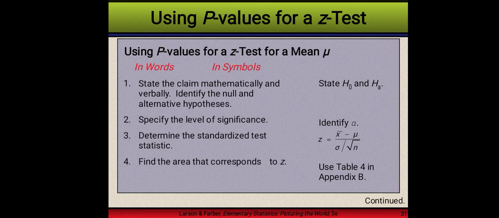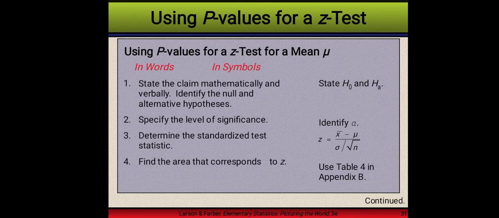We have to identify alpha, the level of significance. Determine the standardized test statistic, or if it is a left-tailed, right-tailed, or two-tailed test. Then find the area that corresponds to z. After that, you can graph or make a representation of your graph if it is a right-tailed, left-tailed, or two-tailed test.